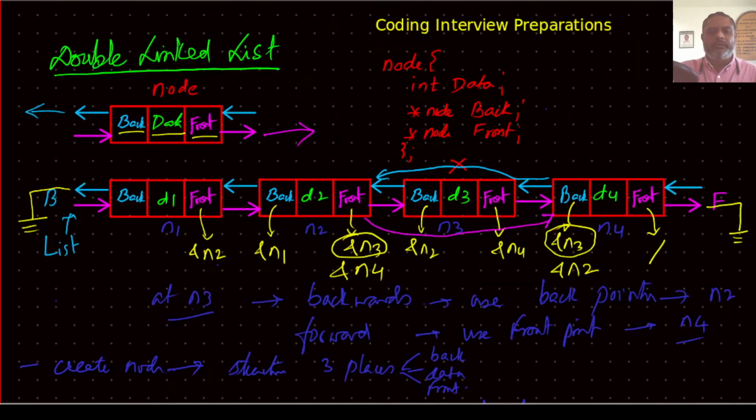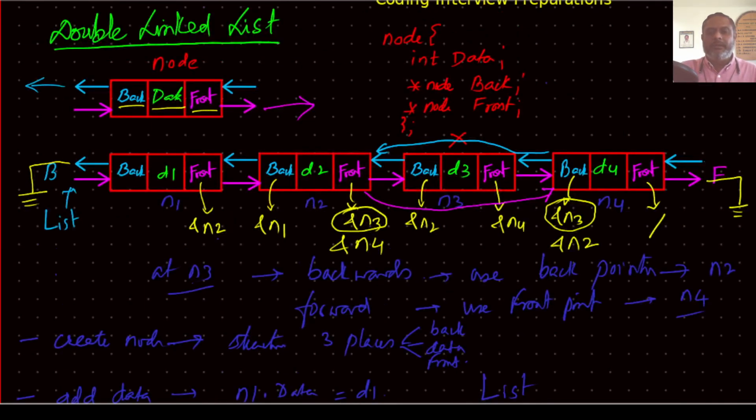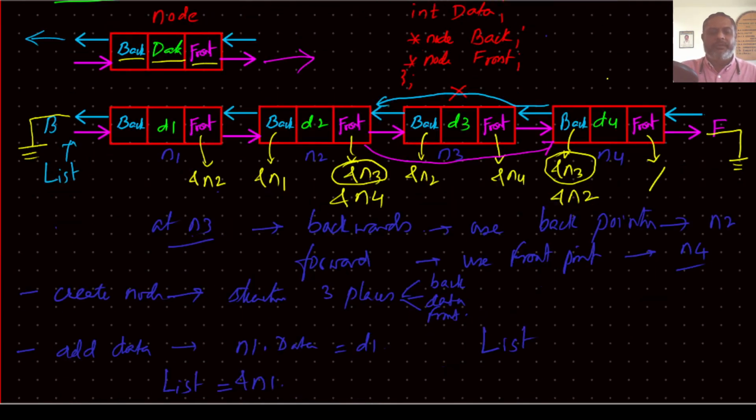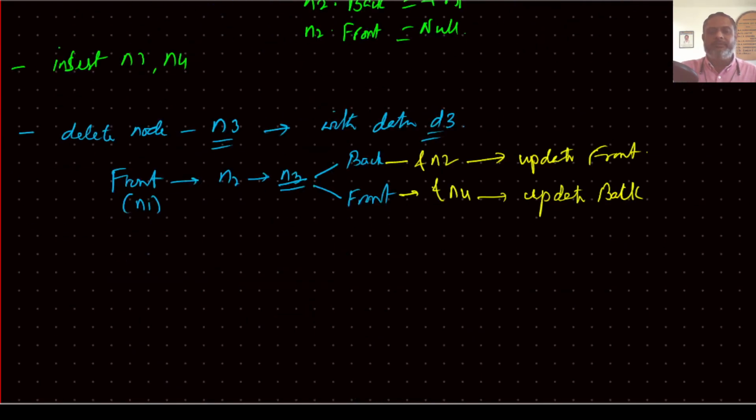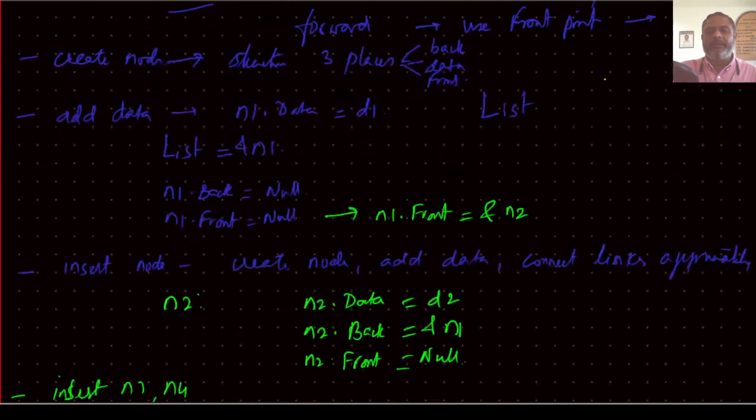Go to N2, update its front. And when you get N4, then go to N4 and update its back. With what value? N2's front should be updated with N4, and N4's back is updated with N2.